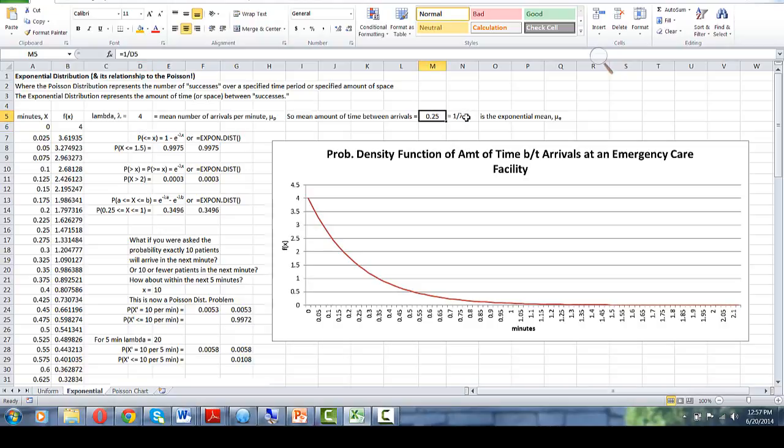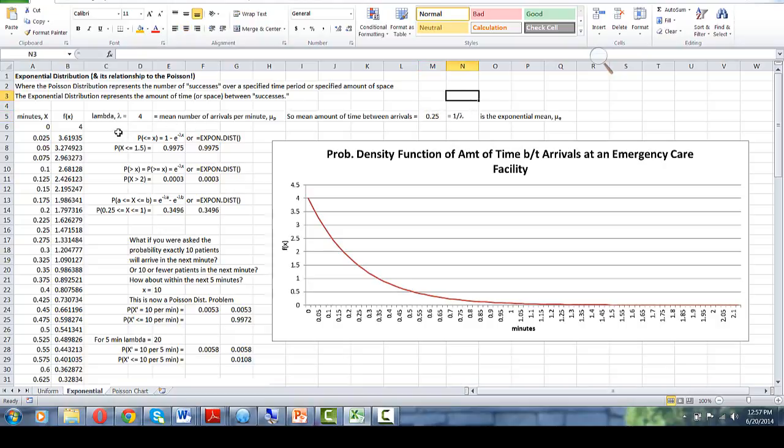So it's just 1 over this lambda. Now, lambda is important because that's what's used in the formulas that we're going to use. So if we have the exponential mean, that's fine, but don't use it in the formulas here. Find lambda from that. So just take the reciprocal.